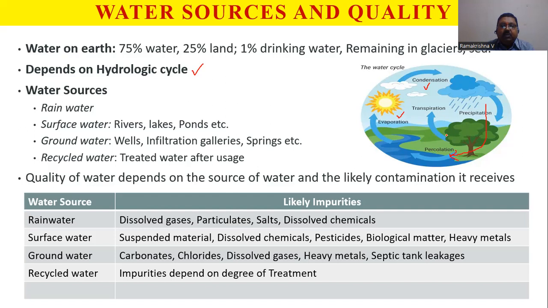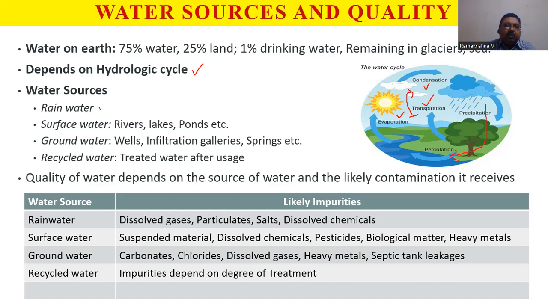Plants also release moisture in the form of transpiration. This transpiration and evaporation put together come back as precipitation through the condensation principle. So the primary source is mainly rainwater.